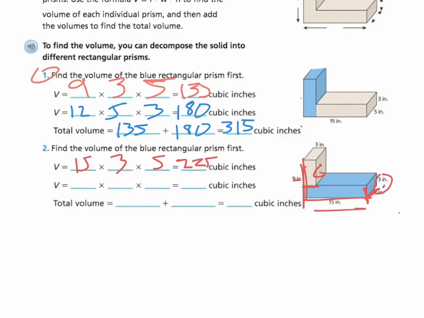So the dimensions of that would be 6 times 3 times 5, or 90 cubic inches. So you add up the 225 and the 90, and you end up with the exact same volume of 315. So either way you cut it, the volume of that composite shape is going to be 315.